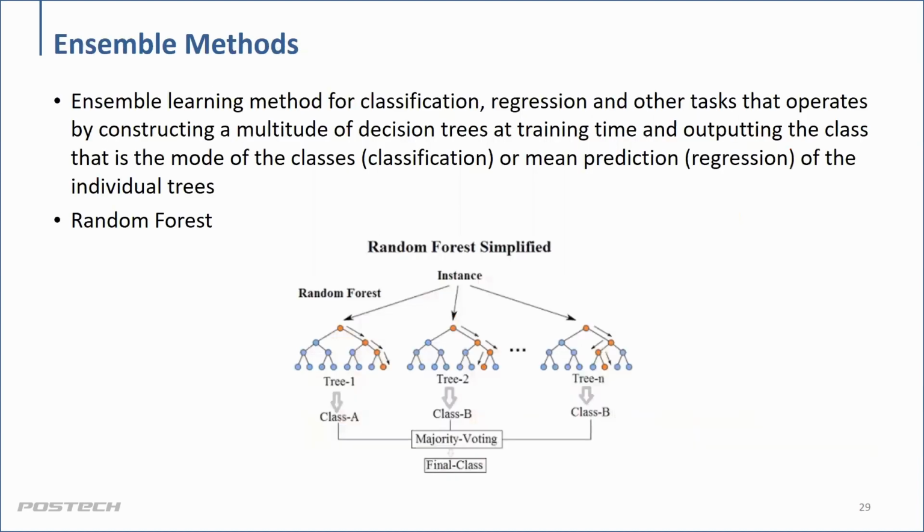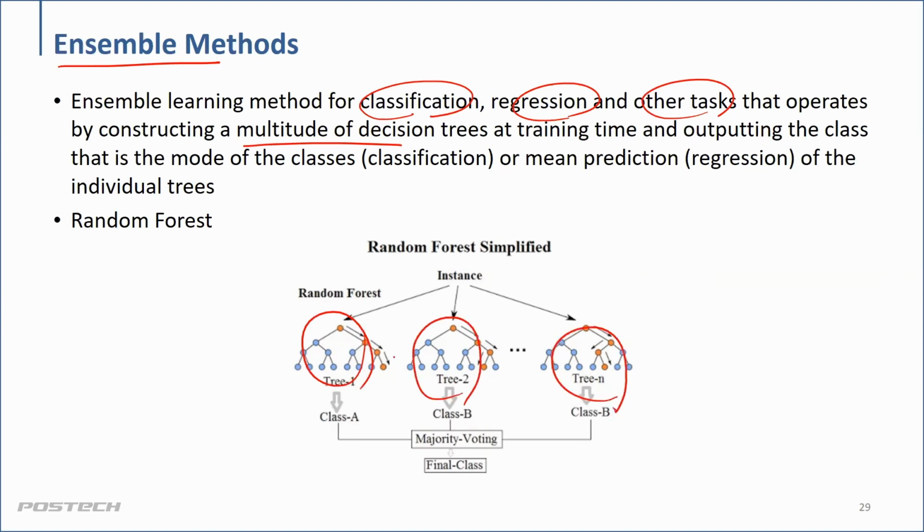Okay. And probably the last thing is that we can do an ensemble method. For either classification, regression, or other tasks, we can construct multiple decision trees, like tree 1, tree 2, and so on. And how do you combine them together?